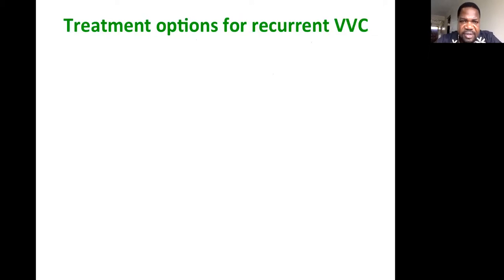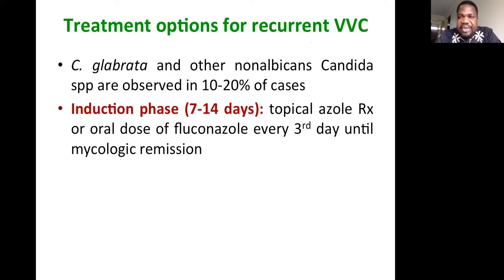But the most important thing is, how do you manage patients with recurrent vulvovaginal candidiasis? Remember, for simple vaginal candidiasis, you can have clotrimazole vaginal pessaries, or vaginal cream. But when the condition is recurrent, it becomes a bit difficult.